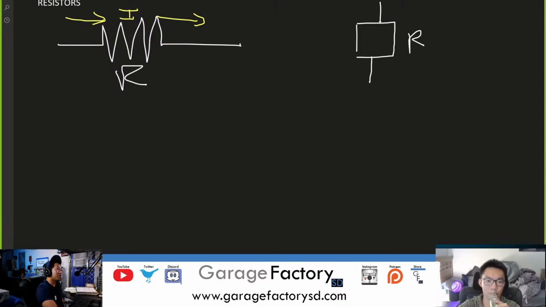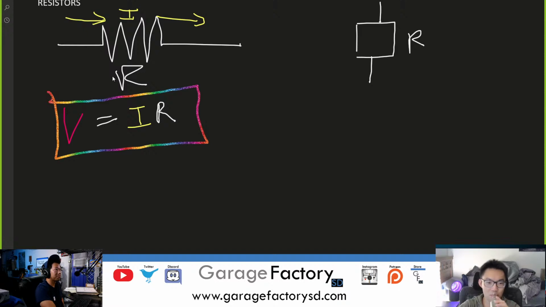And the most important equation is Ohm's law, which is V equals I times R. This is like the golden equation.